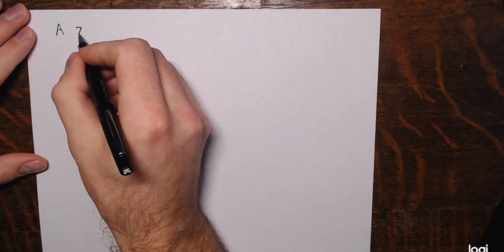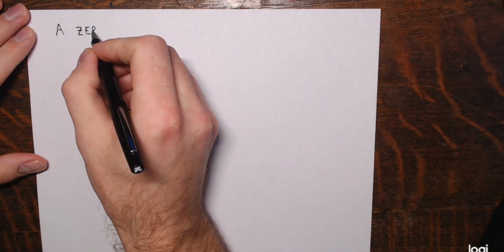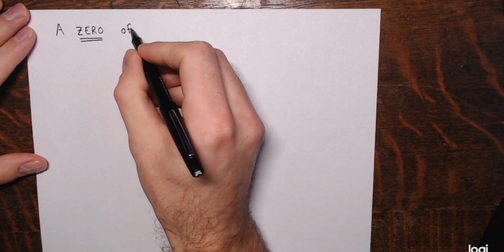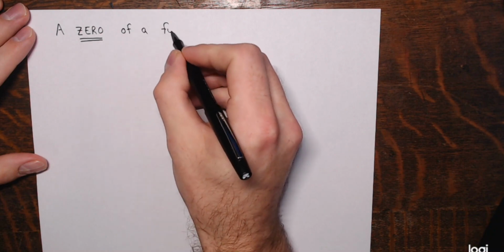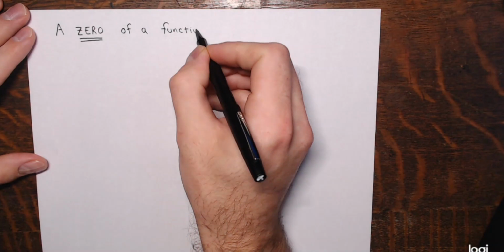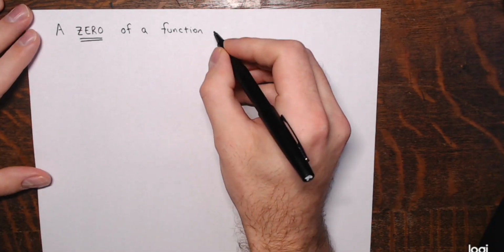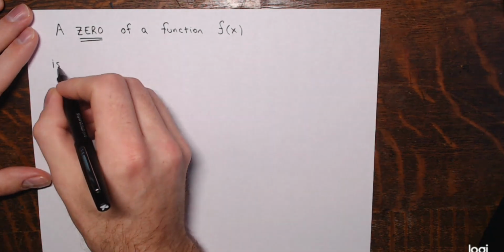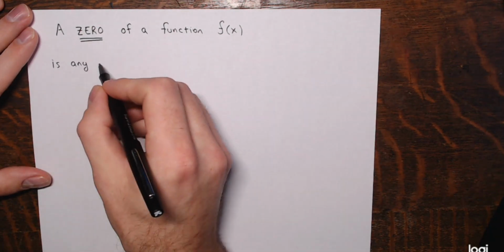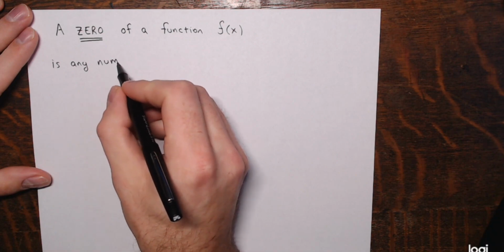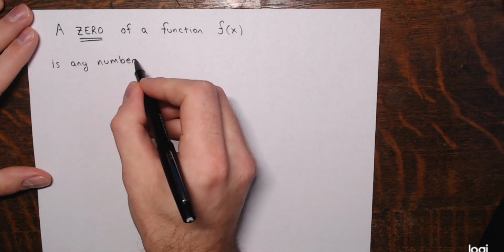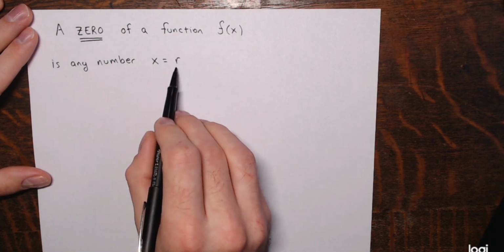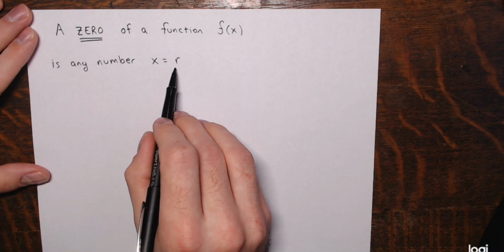A zero of a function, say f of x, is any number, say x equals r, r for root.